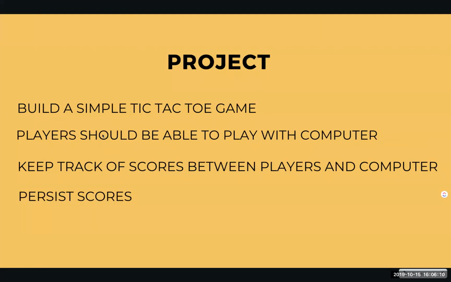But the cool part is you should also create a simple logic so the computer could create an O once you add an X, and then you keep track of scores between computer and player, and then maybe persist the score in case the person reloads the browser. You get that score back maybe from local storage or whatever client-side storage you like using. And that's just a simple idea for the game.